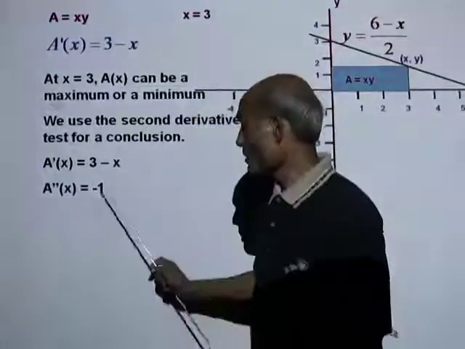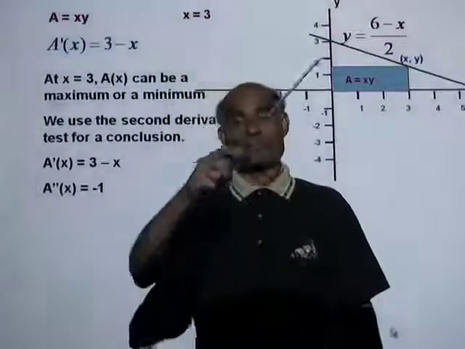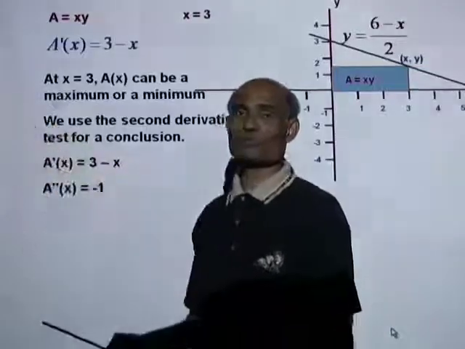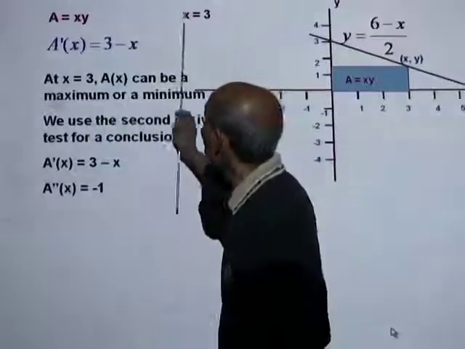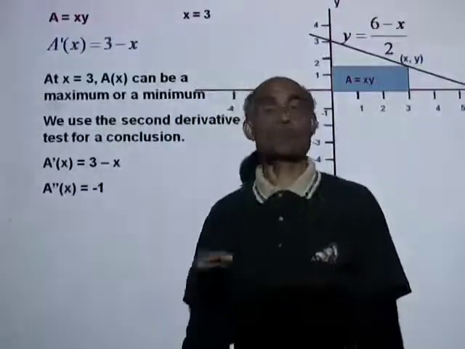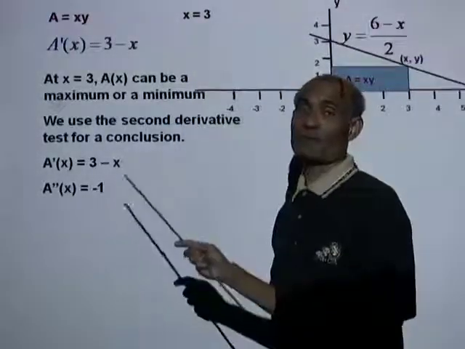That means because the second derivative is negative for all values of x, the second derivative is negative all through the function, all through the domain. Therefore, x equal to 3 corresponds to a maximum value of the area.